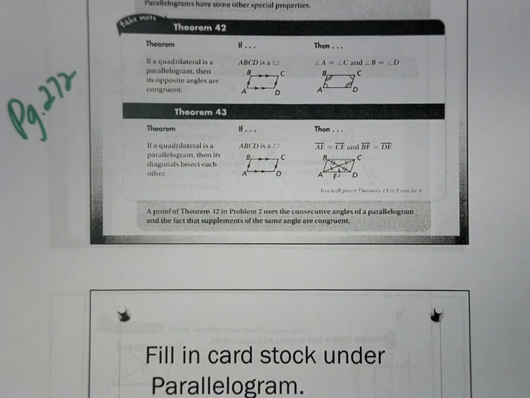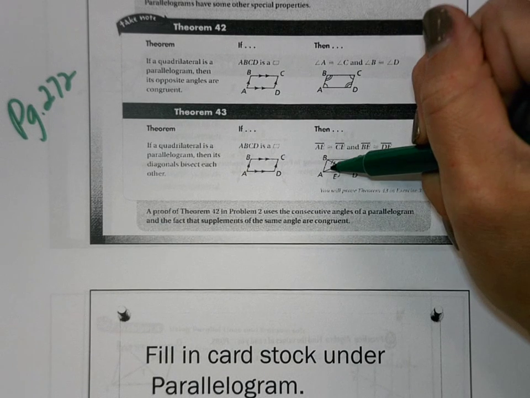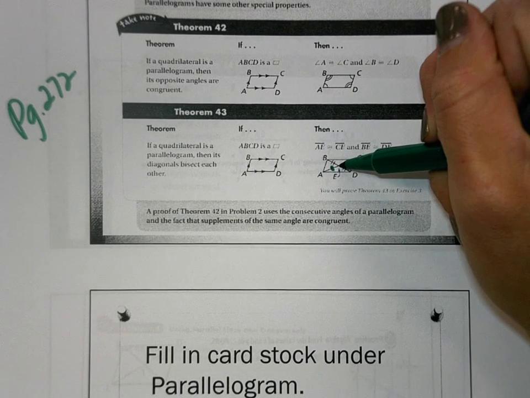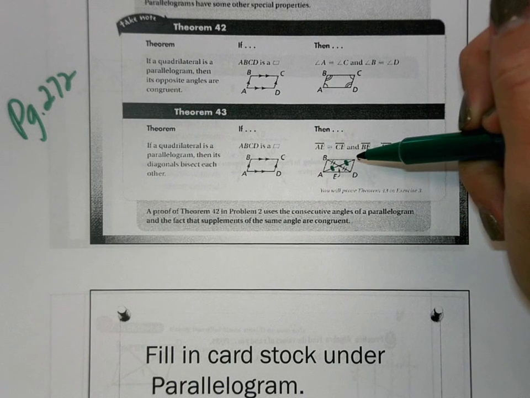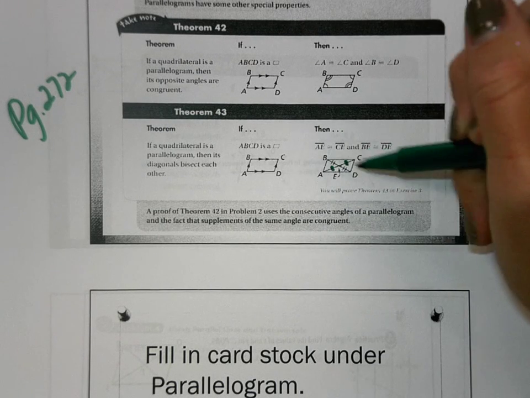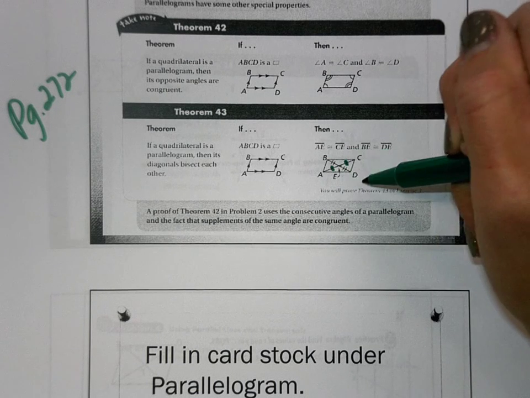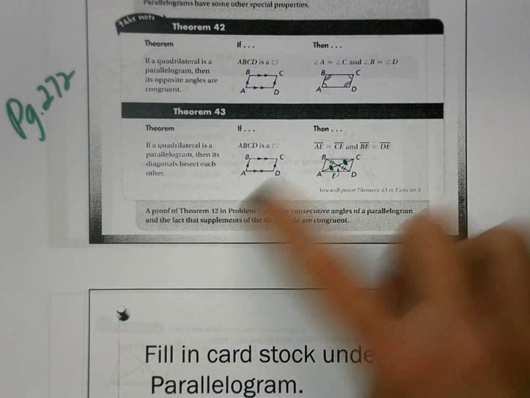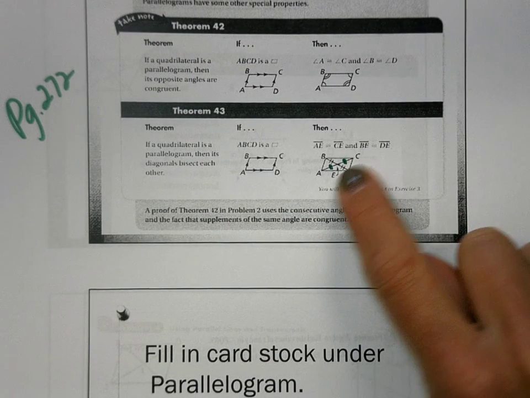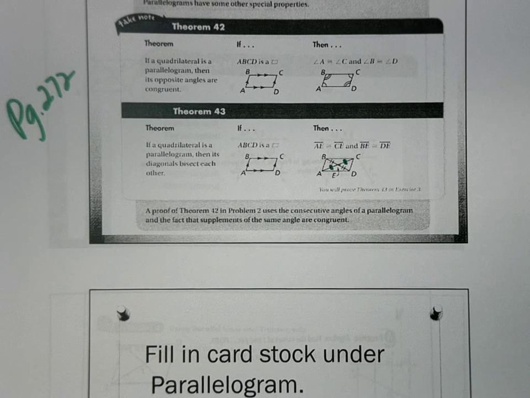And what happens is that if you notice here, A to E is congruent to E to C. So these two pieces are equal to each other. And then same on the other side. BE is congruent to ED. Now, is it saying that both of those are equal to each other? No, the two lines are not necessarily equal to each other, but we know that it bisects it, so each of the halves are equal on the same line.